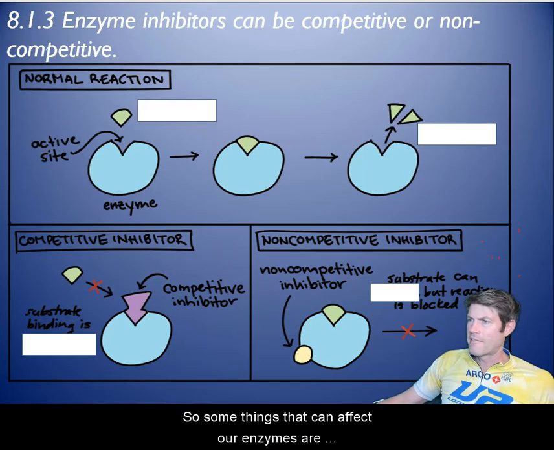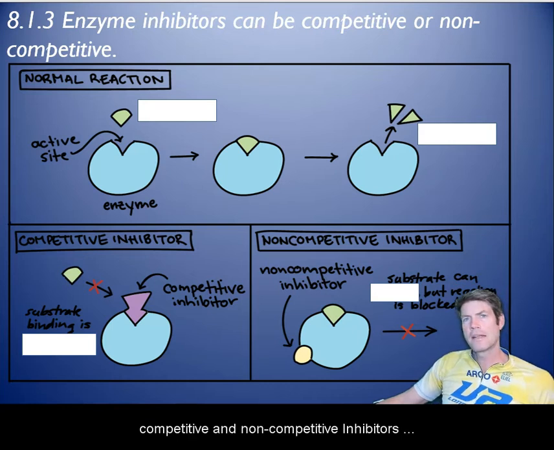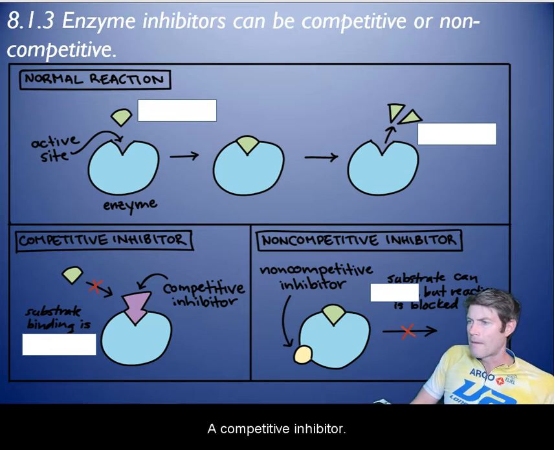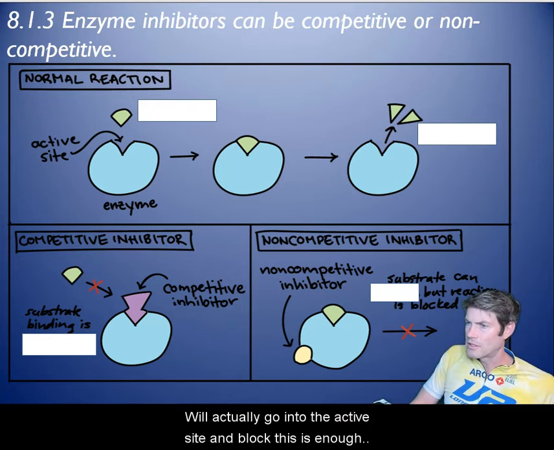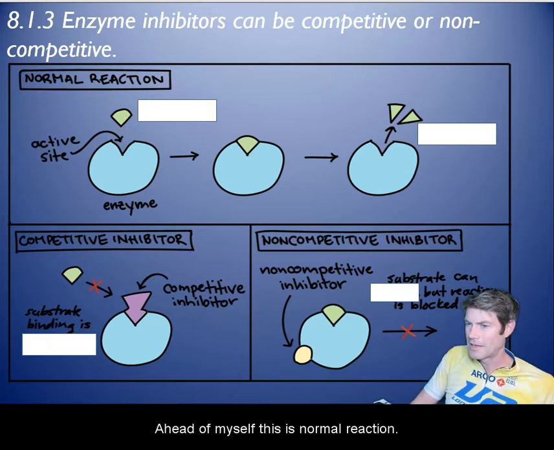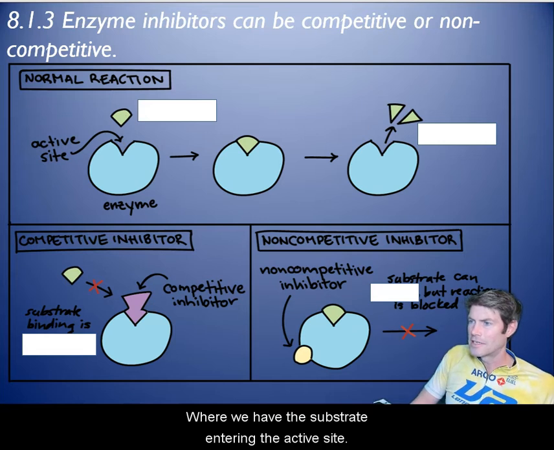So some things that can affect our enzymes are competitive and non-competitive inhibitors. Now let's get into what the difference is. A competitive inhibitor will actually go into the active site and block, I'm sorry, got ahead of myself. This is a normal reaction, where we have the substrate entering the active site.